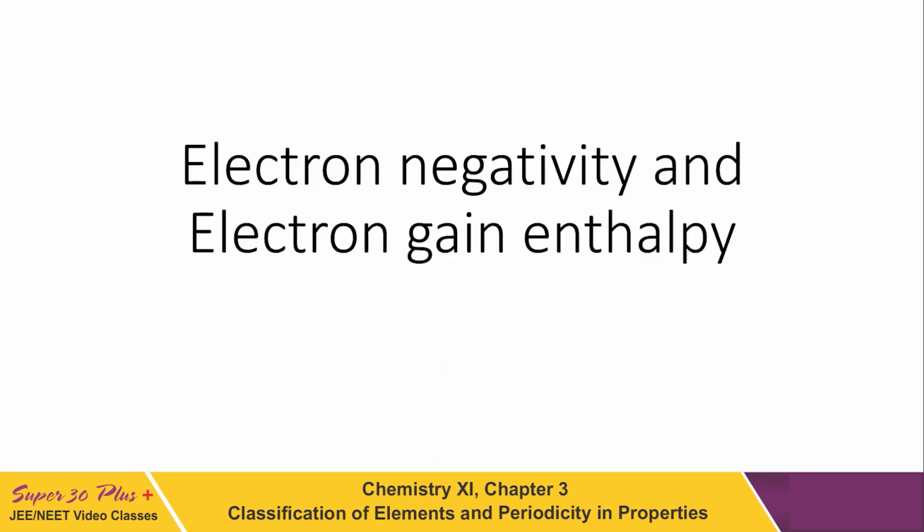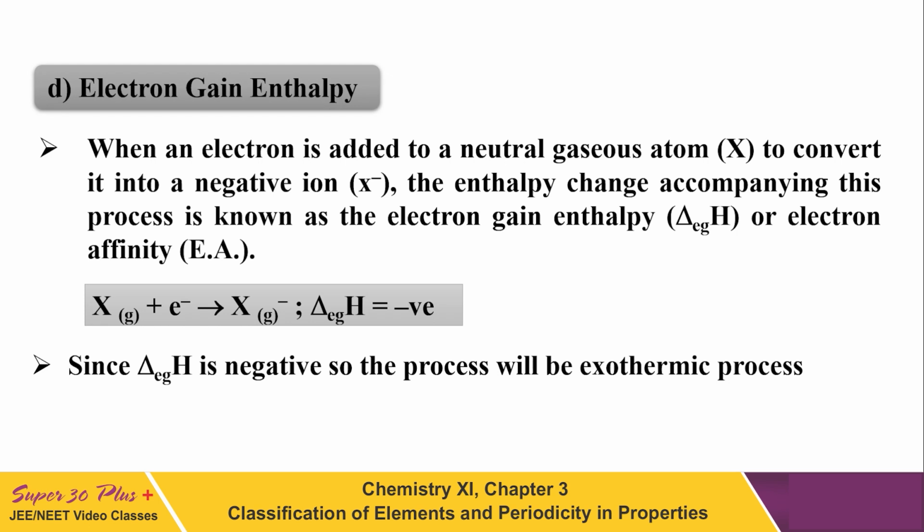In the previous session, we discussed the radius of atom and ionization enthalpy. Now in this segment of this chapter, classification of elements and periodicity, we shall discuss electronegativity and electron gain enthalpy. So what do you mean by the term electron gain enthalpy?